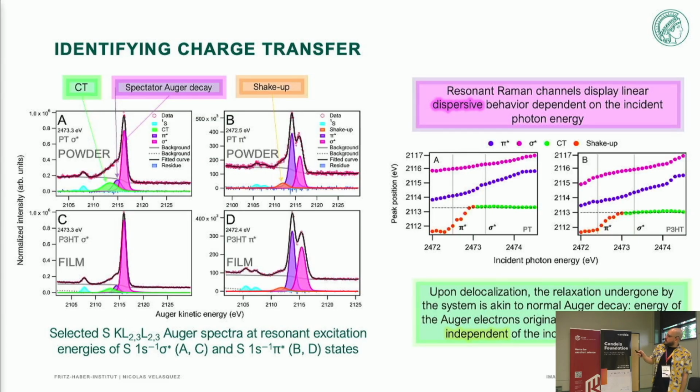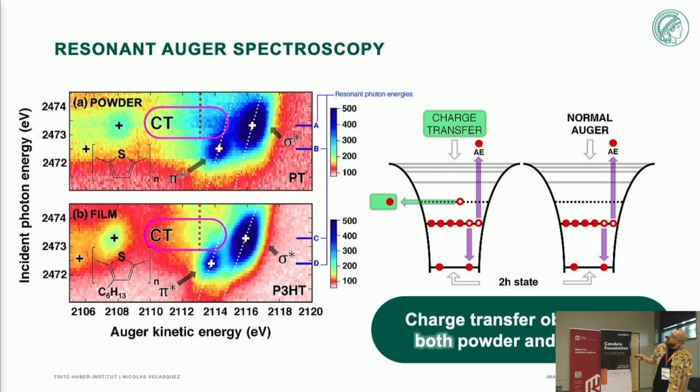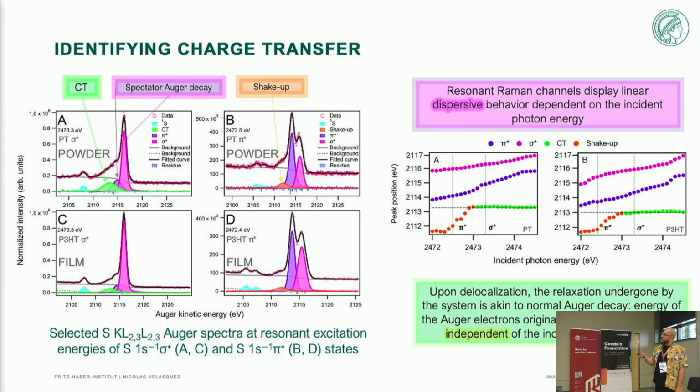These four plots here are the convolution of the spectra at these photon energies, which are the resonant photon energies of the pi star and the sigma star resonances. On the top, we have the powder. On the bottom, we have the film.